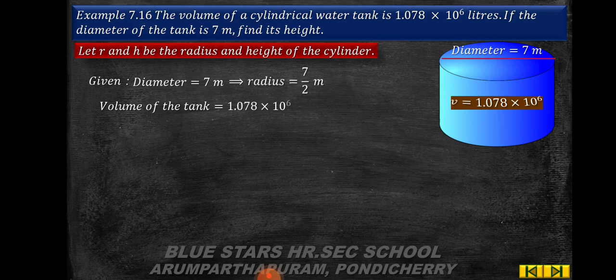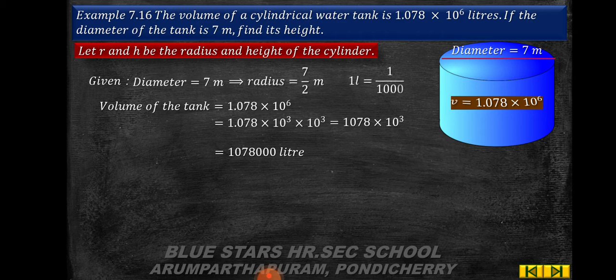Then volume of the tank is equal to 1.078 into 10 to the power 6, which is equal to 1.078 into 10 to the power 3 into 10 to the power 3. We can use the form a power m into a power n is equal to a power m plus n, which gives 1078 into 10 to the power 3, which is equal to 1078,000 liters.